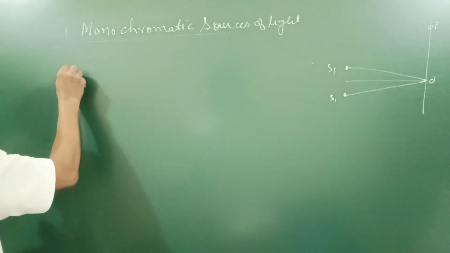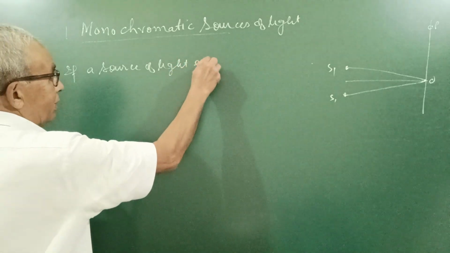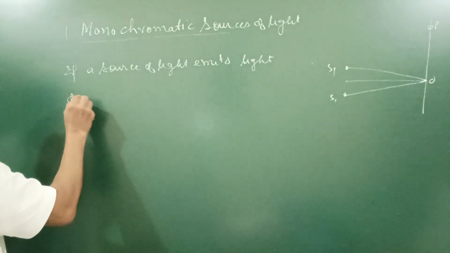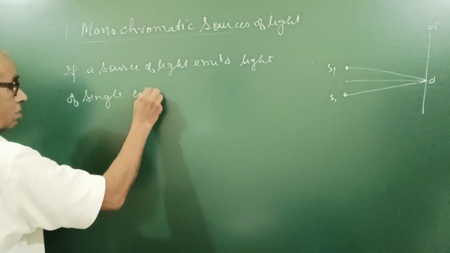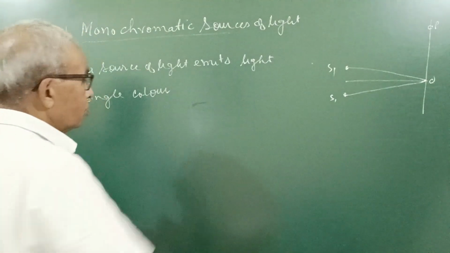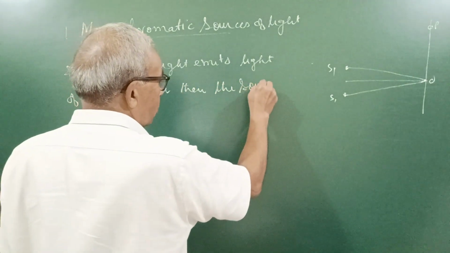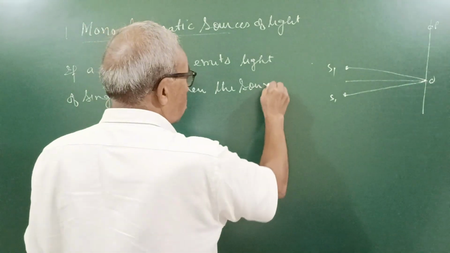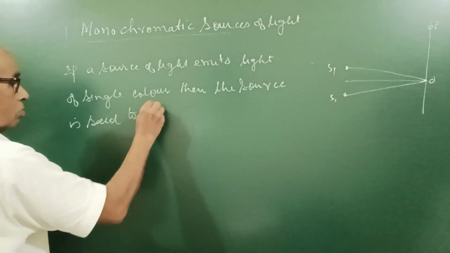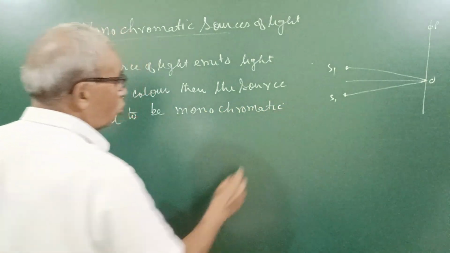If a source of light emits light of single color, meaning single color, then the source is said to be a monochromatic source. Monochromatic source of light.